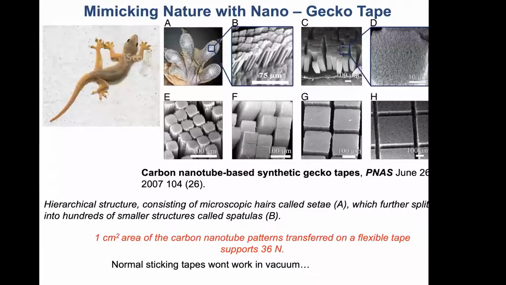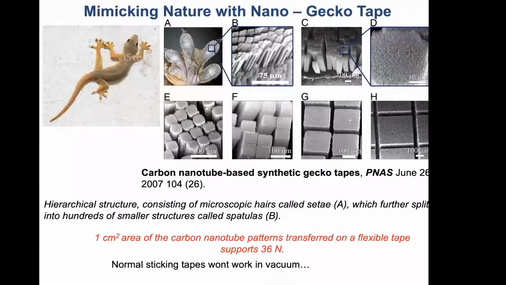The interaction between the leg and the wall becomes very strong, very strongly bound, and then they will never fall. But at the same time, the lizard itself can tilt the angle, thereby changing the distance between the spatula and the wall, and thereby controlling the force.